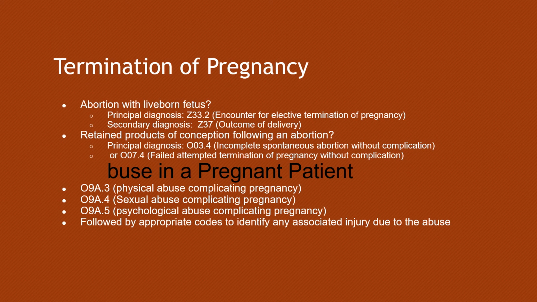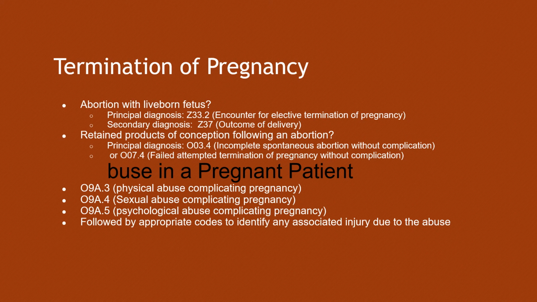Termination of pregnancy codes are also included in this chapter. For retained products of conception following an abortion, principal diagnosis of O03.4 would be used. This is for an incomplete spontaneous abortion without complication. Or code O07.4, which is a failed attempted termination of pregnancy without complication.